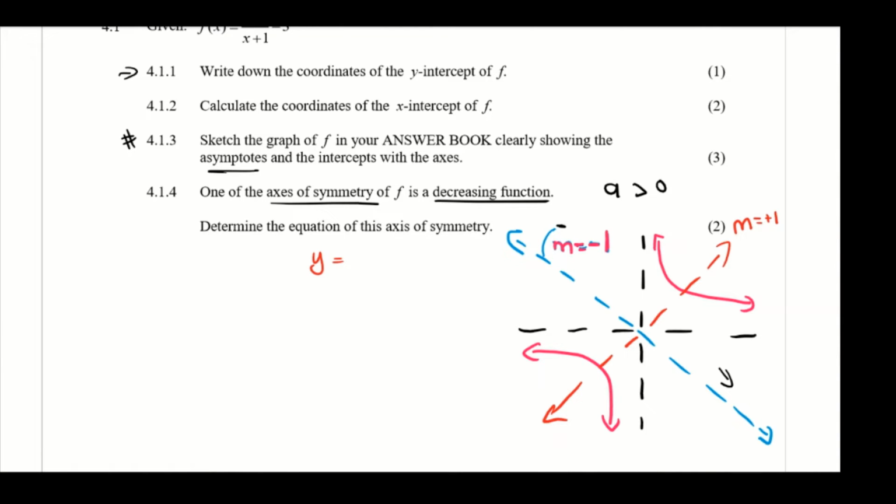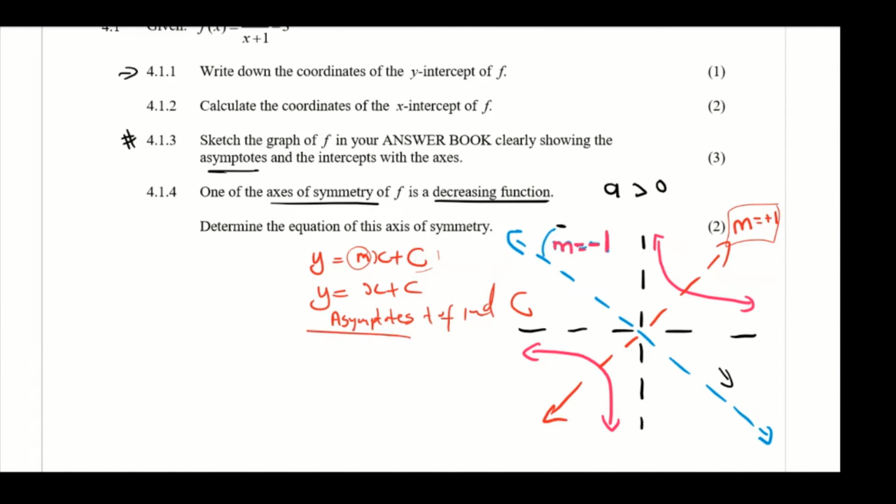So if you were to write the equation of this specific hyperbola, you're going to say y is equal to mx plus c, right? It would depend on where your c is, but what you need to note is that your gradient for the positive one is going to be x plus c. So you're going to use your asymptotes to find c.